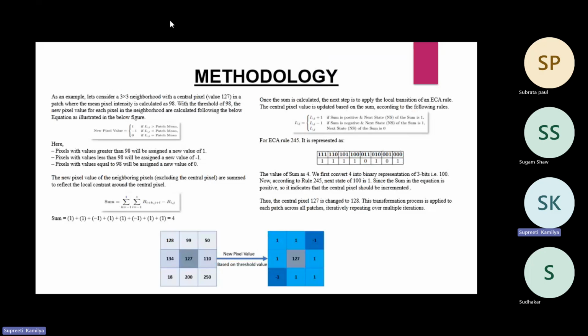Why? So the sum that you are taking... Okay, wait. You are getting the sum of all cells after doing all this operation, and you are converting it to a 3-bit binary number, right? And then you are using some ECA rule. What is the rationale, the logic behind doing all these things? Sir, my question actually is why is ECA here? How is ECA coming into the picture? Any clue? We tried to experiment with image processing and CA together.